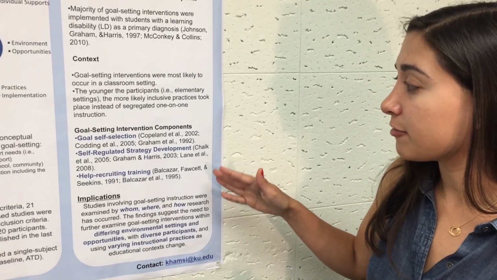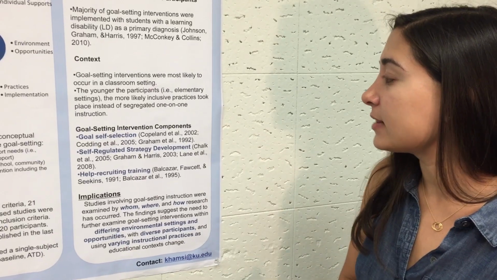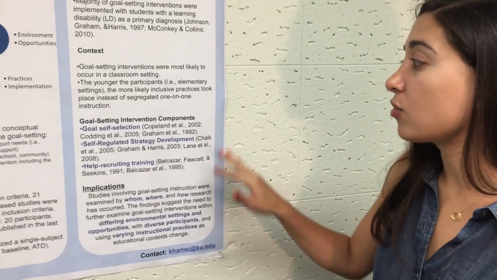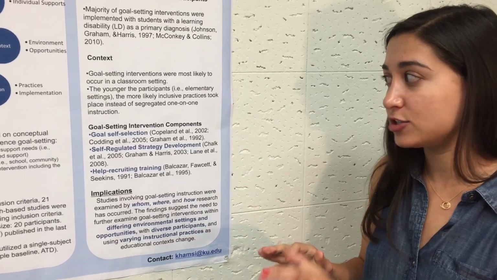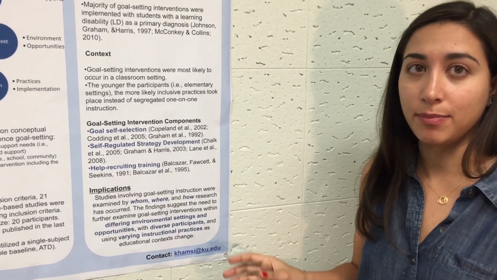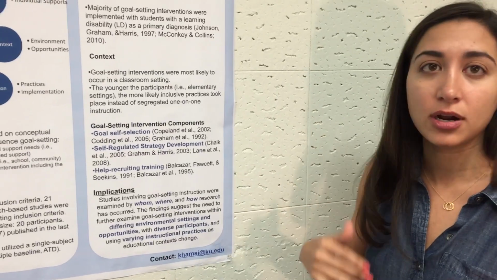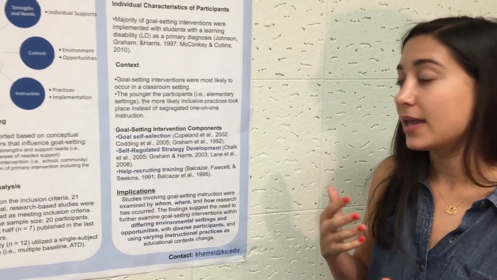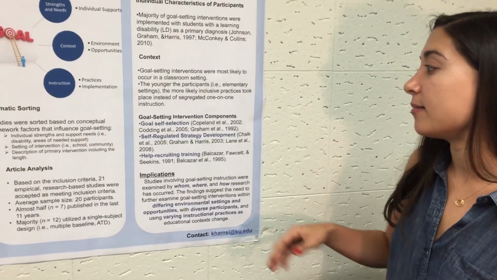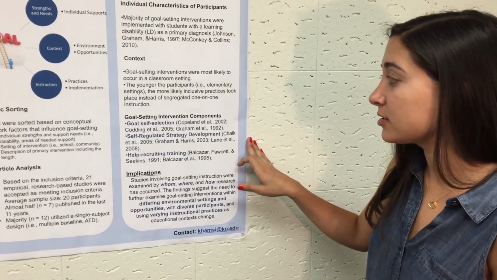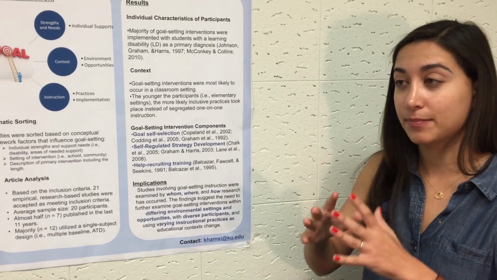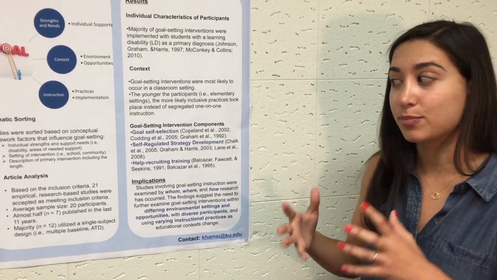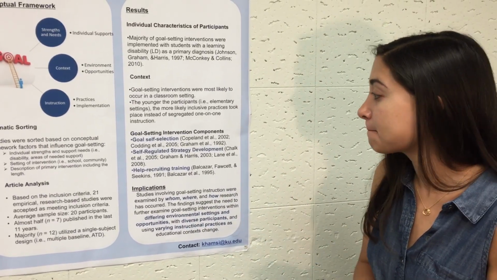Intervention components varied, but these were the ones that repeated the most across articles. First, goal self-selection, the distinction between the goal being selected by the student themselves or being selected by a teacher, a paraprofessional, a parent, or an IEP team. Second, self-regulated strategy development, which is actually using another model in order to goal set. That was a package they used, where the primary intervention was goal setting.